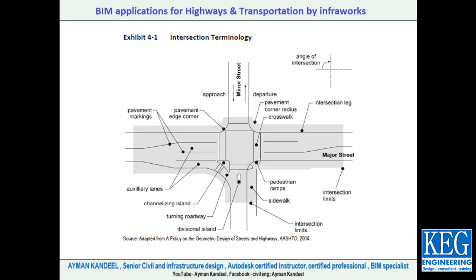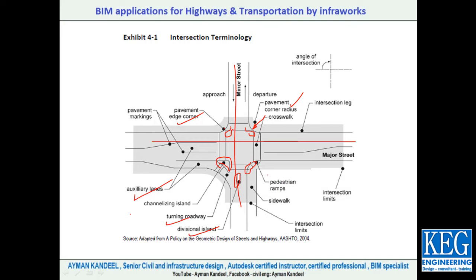The main elements are the main road, major street and minor street, auxiliary lanes like this, right turn or turning roads, divisional island in the middle, and channelizing island on the corners, and pavement corner radius, this one, and pavement edge corner, this one, and some conflict points between each direction. So these are the main elements of an intersection.